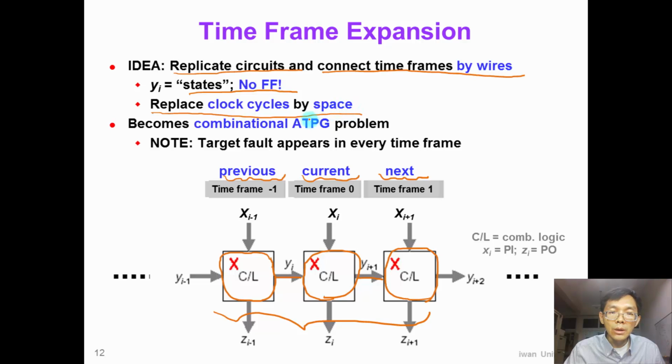Since we already know how to solve this combinational ATPG problem, we can simply apply our previous techniques such as the D algorithm or the PODEM algorithm. The only difference is that the target fault appears in every time frame. So we can have multiple faults at the same time.